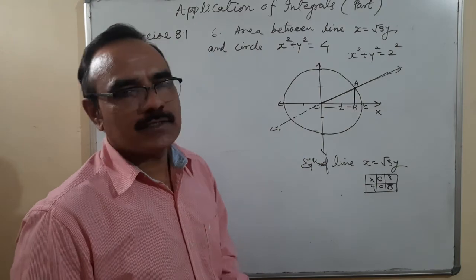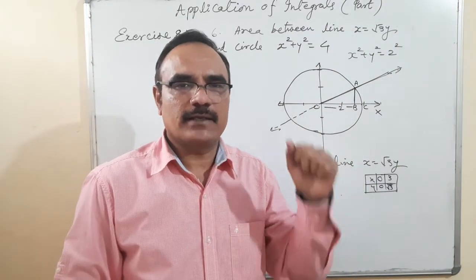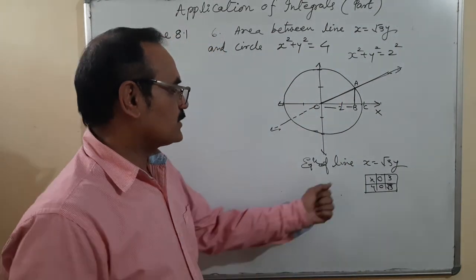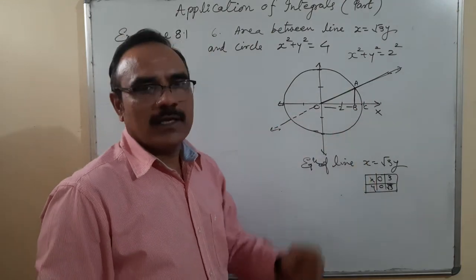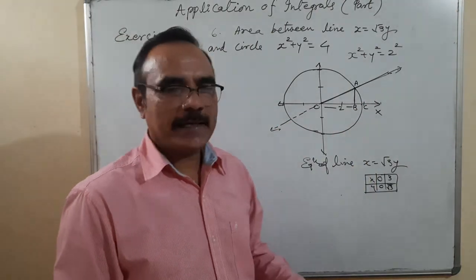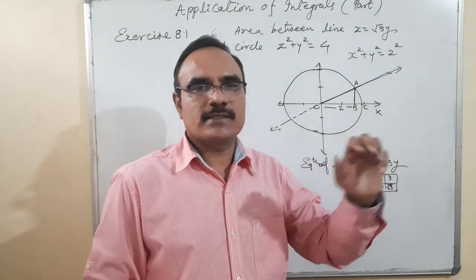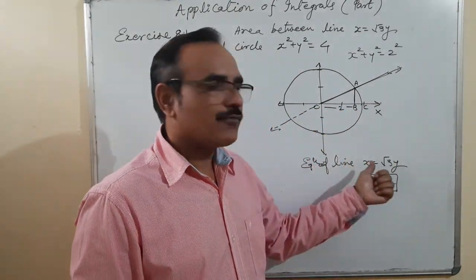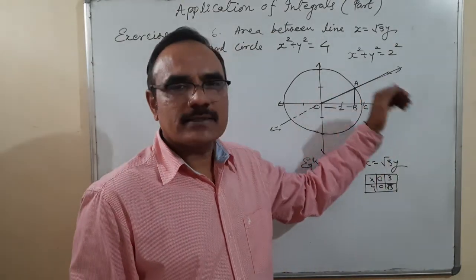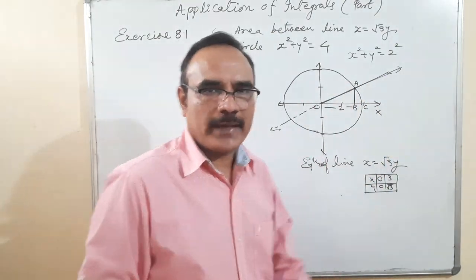This point A is the intersection point of the line and circle. So we use these two equations, 1 and 2. Which value do we need, x or y? We need only the value of x, because we are finding the area by integration along the x-axis. The value of y is not required for us.